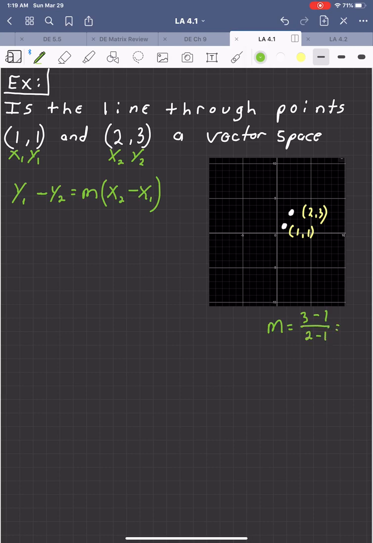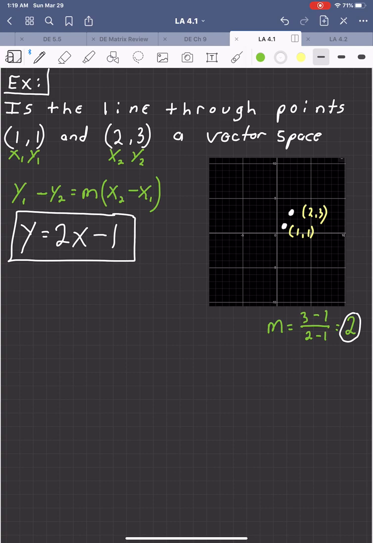So I have 2 over 1, or just 2. All right, so with this slope, and I really only need one of those points now, I'm going to be able to form the equation of the line. And what does that look like? It should look like this. y is equal to 2x minus 1.